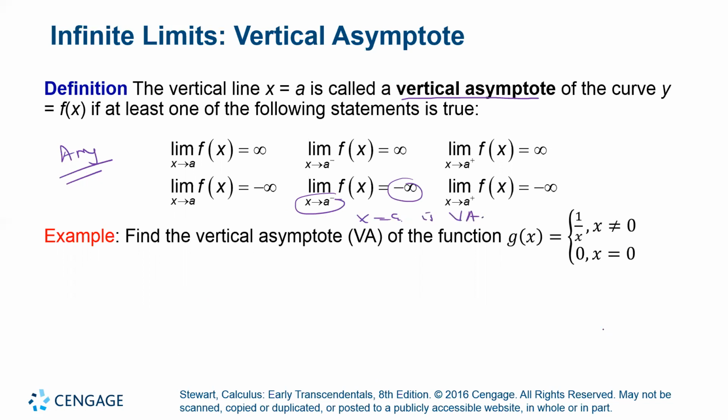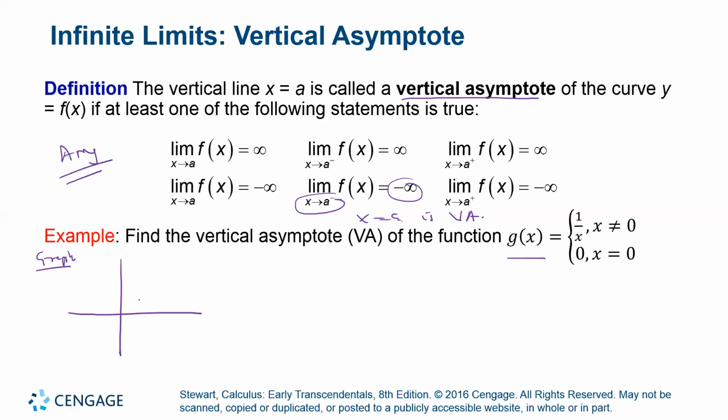Okay, so now let me use this piecewise function g of x. Let me draw. I think I have the graph here. Let's draw the graph for this. So you have this.